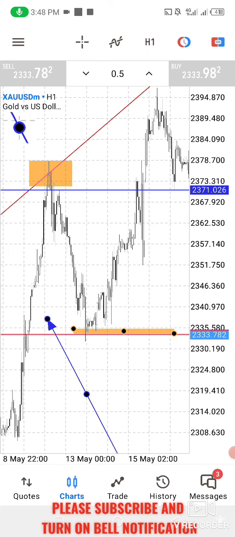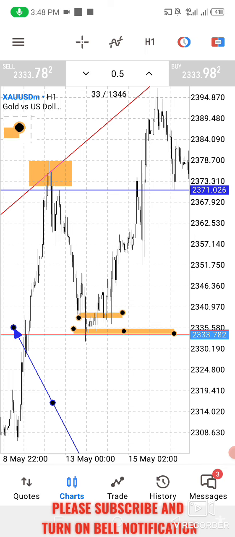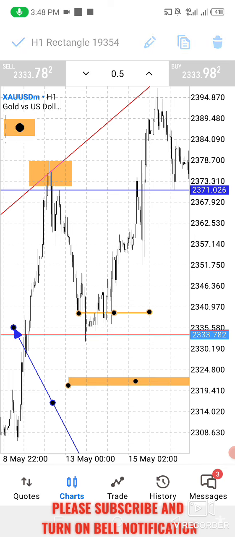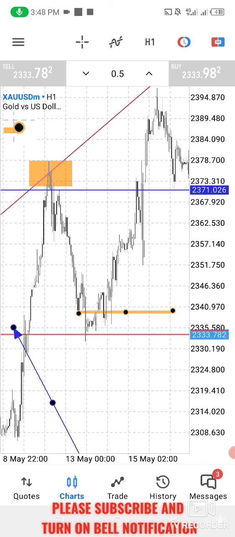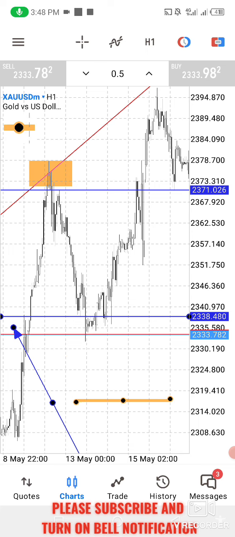Now coming here, this is also a neckline. Let's delete this. There is a neckline here which I can map. The necklines are supposed to be connected to small loops, tiny loops, because those loops are very powerful.